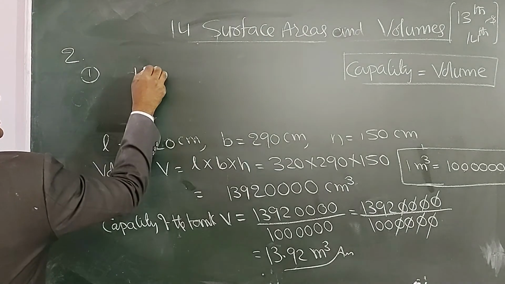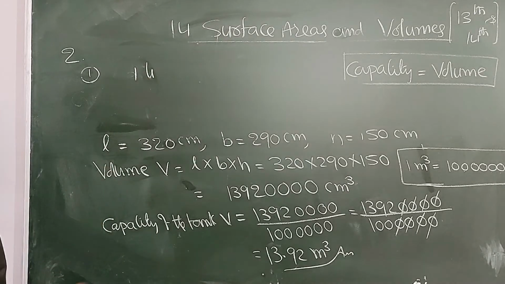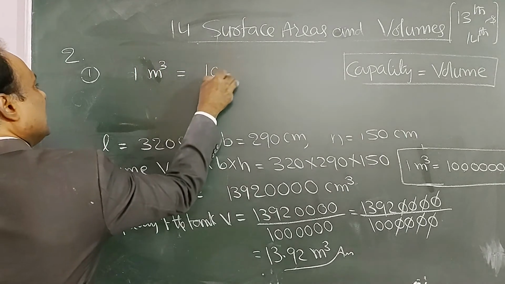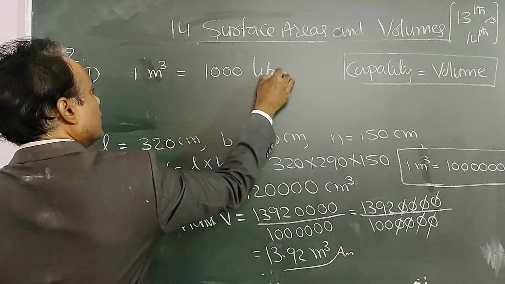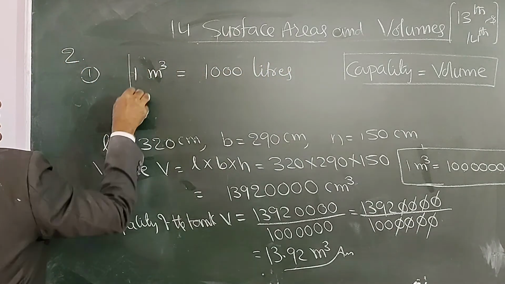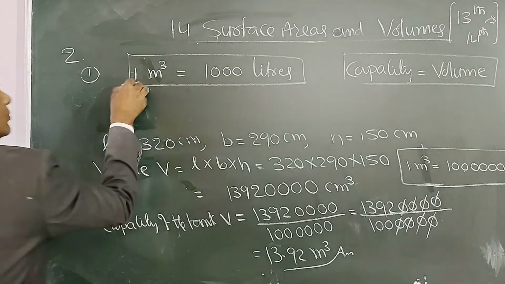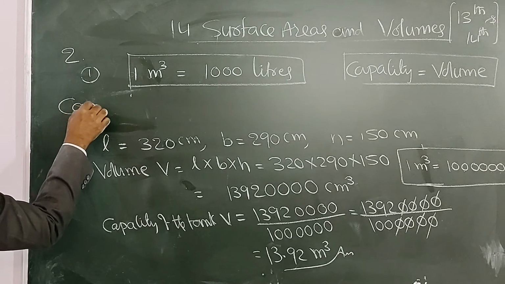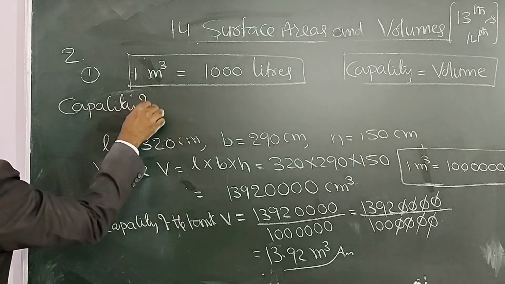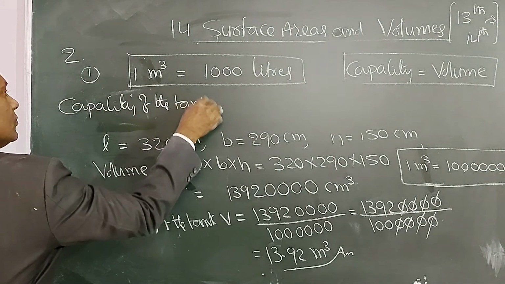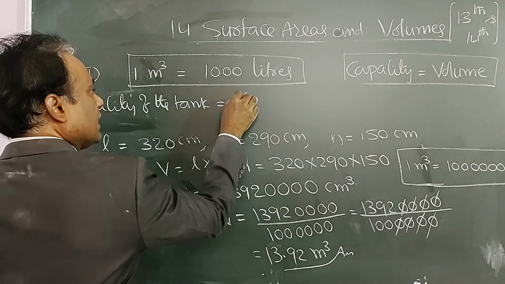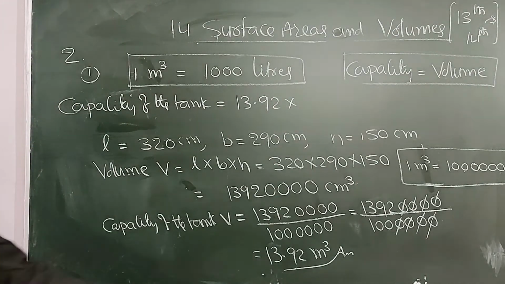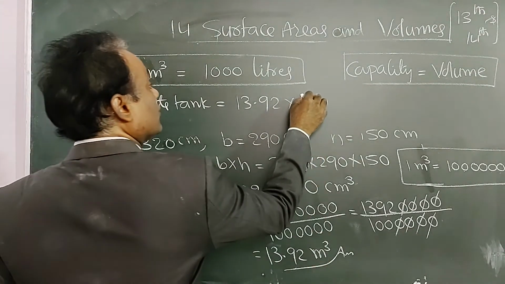1 meter cube is equal to 1000 liters. Remember this, students. So the capacity of the tank is equal to, we got the answer 13.92, but convert it into liters. 13.92 multiplied by 1000.